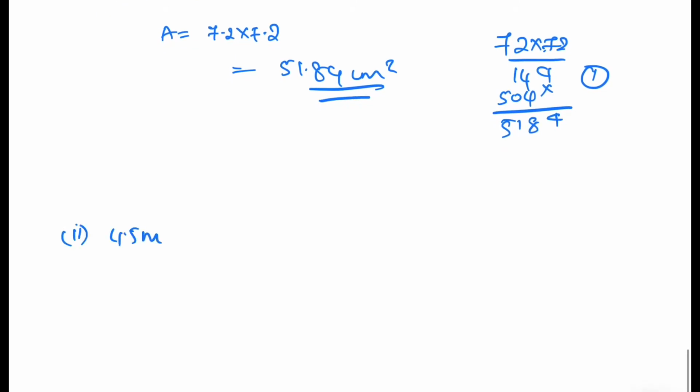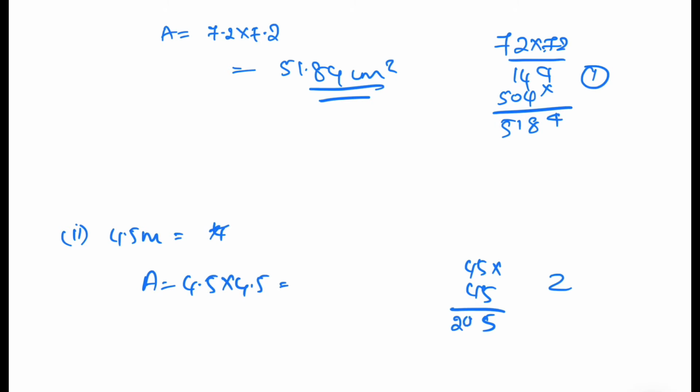Similarly, second question, 4.5 meters, area will be equal to 4.5 into 4.5, that is equal to 5 5s are 25, 5 4s are 20, 22, into 4 5s are 20, 4 4s are 16, 18, you get 2025. So we'll get 20.25 meter square.